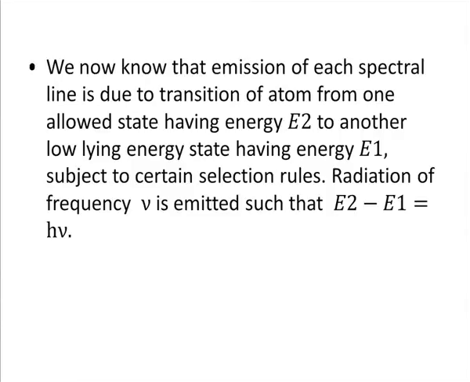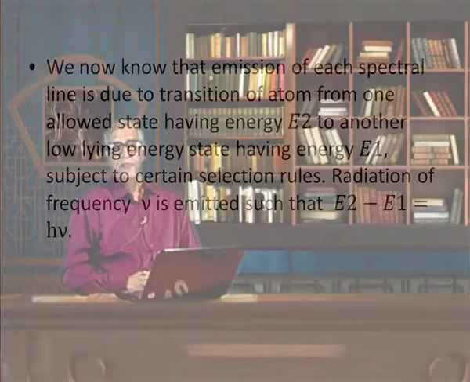We know that the emission of each spectral line is due to transition of atom from one allowed state having energy E2 to another low lying energy state having energy E1, subject to certain selection rules. Radiation of energy h nu is emitted such that E2 minus E1 is equal to h nu. That means, the frequency depends only on the difference of the two energy levels.